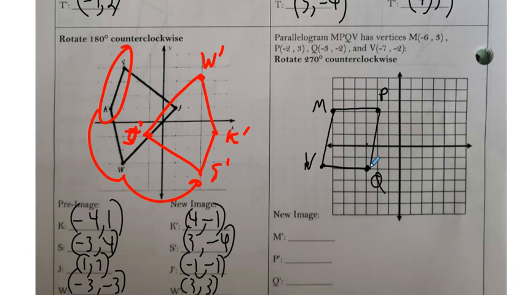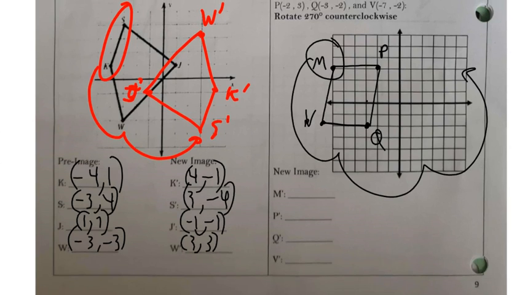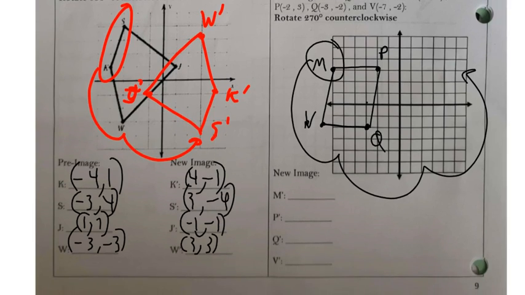Now, we're going to rotate 270 degrees, all right? Which means, let's see where M is going to end up. Just think about this point. M should end up in this quadrant over here. So let's go with that. 270. Remember, we're switching positions, and the x becomes negative. So M was at negative 6, 3.